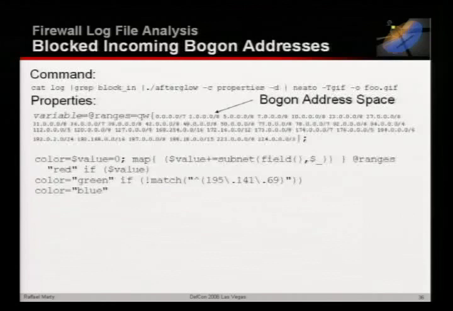And then for my color assignment, it gets a little complicated. Basically what I want to do is, for every value I get, every IP address, I want to check it against the array and see whether it's in any of those specified subnets. You start with the subnet assignment here. So you check if the field is in the subnet that we're looking at right now. It runs through all the entries in the array, and the array range is up here.